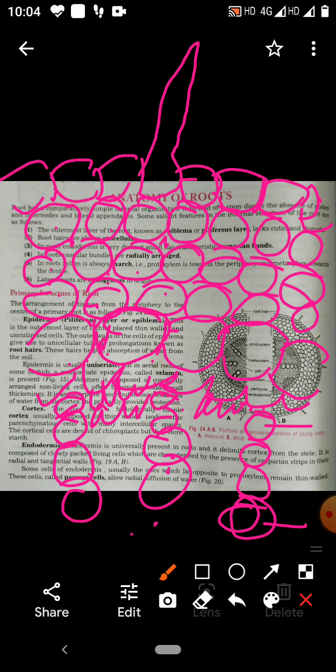So children, I explained the internal structure of root and how many layers there are. The outer layer is epidermis, then cortex, endodermis, pericycle, then after that vascular bundle, xylem and phloem.